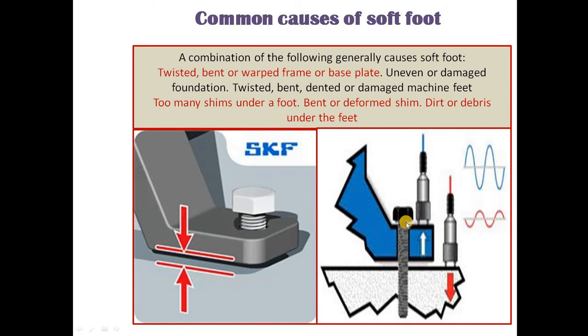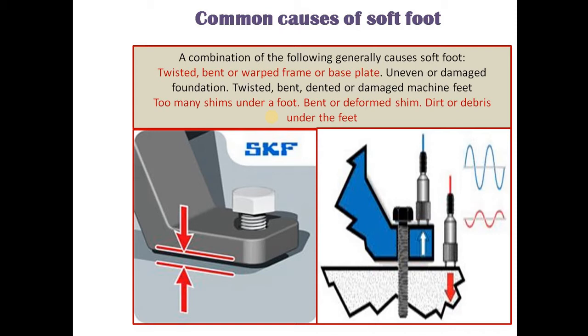A soft footing may come due to a twisted, bent or warped frame or base plate. It may be due to the number of shims under a foot. If dirt, a gap or oil is there, then also soft footing may come. Soft footing is to be checked on each and every foot of the driver and driven machines.